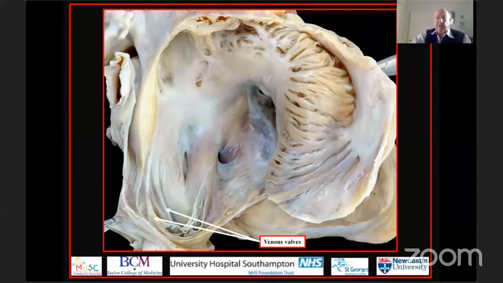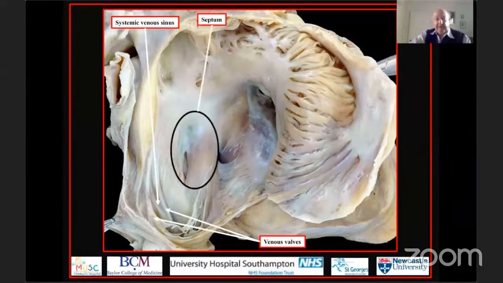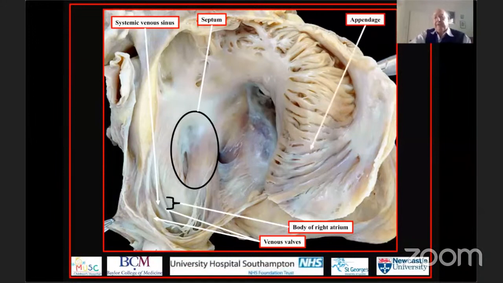As we look at the posterior wall of the right atrium, we can see those venous valves showing us the boundaries in the definitive heart of the systemic venous sinus. There on the back wall of the atrium, we find the septum. But in this particular heart, we can see a small space between the left venous valve and the septum, and that is the part of the body that ends up in the right atrium. We then see the pectinate muscles, which mark the appendage.